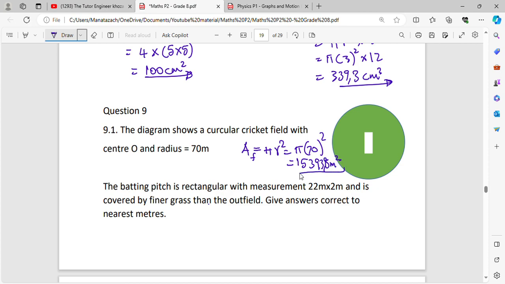square meters. And then the area of the pitch is a rectangle, so let's say AP for pitch, it's 22 times 2, that is 44 square meters. So to answer the question, you'll say AF minus AP is equal to 15393.8 minus 44.